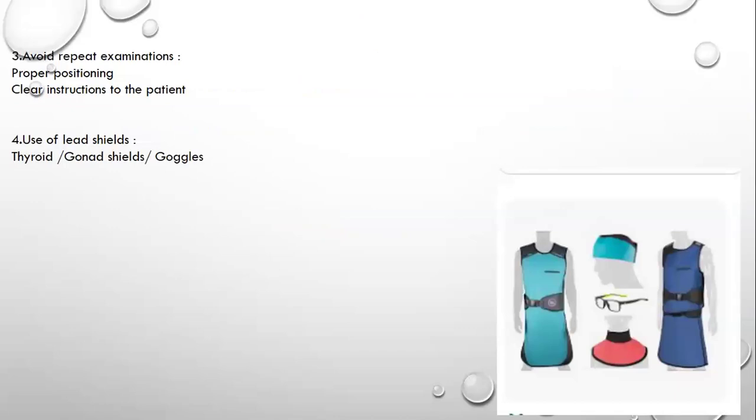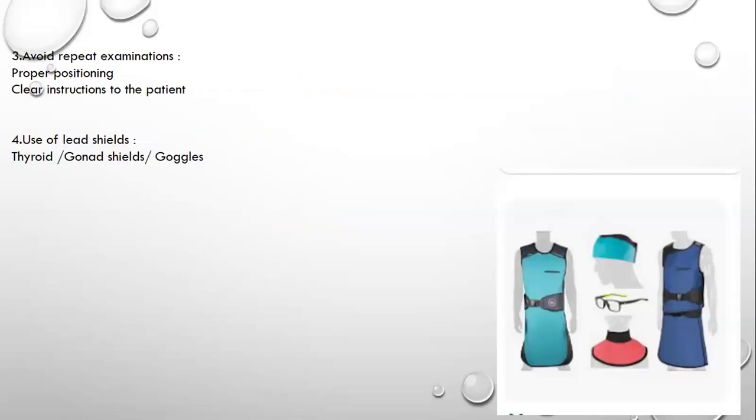The patient then moves in, and it then goes under the instructions of the radiographer. So the radiographer needs to avoid repeat examinations. This can be done by proper positioning of patients, giving clear instructions to the patient to hold their breath, or breathe in, breathe out, or to not move.